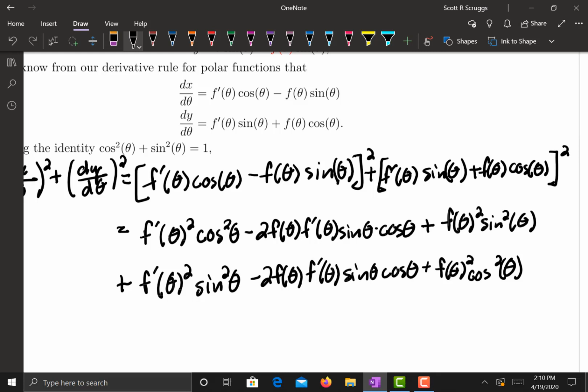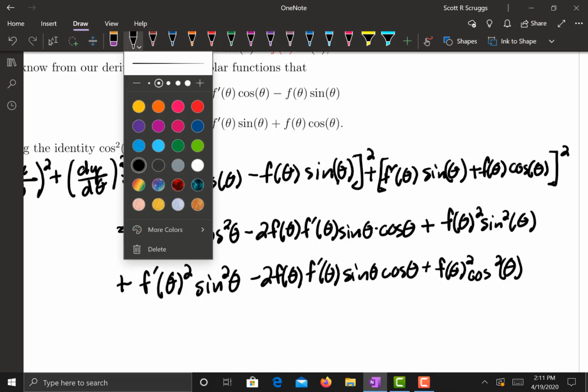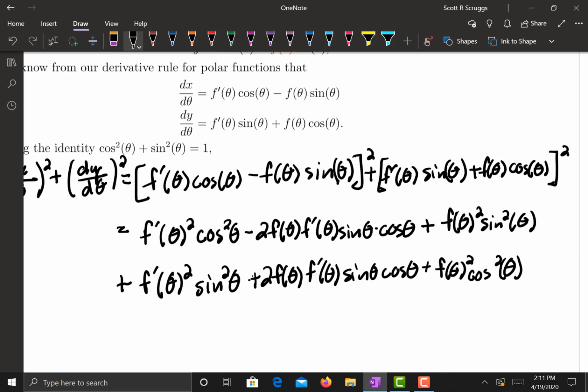All right, so right now this looks ugly, but I claim that this is going to be pretty soon. And so here's how we're going to make it a little bit pretty. The first thing I'm noticing, and that should be a plus, not a minus. So let's change that to a plus.